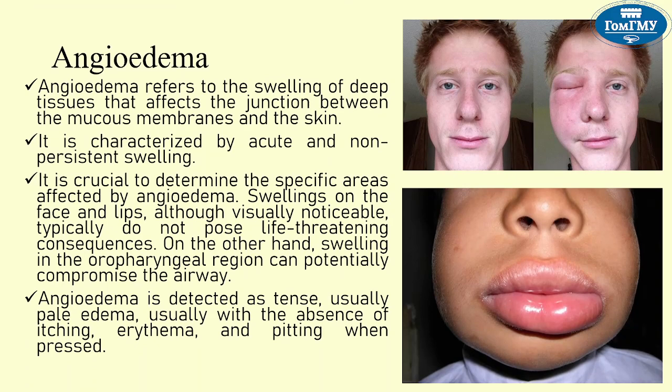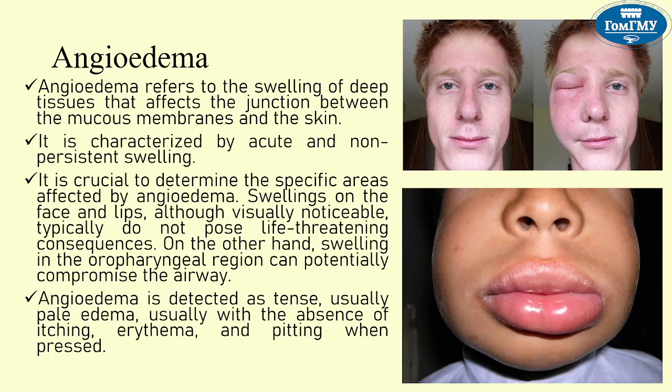Angioedema refers to the swelling of deep tissues that affects the junction between the mucous membranes and the skin. It's characterized by acute and non-persistent swelling. However, once it develops, angioedema may take several days to resolve. It's crucial to determine the specific areas affected by angioedema.